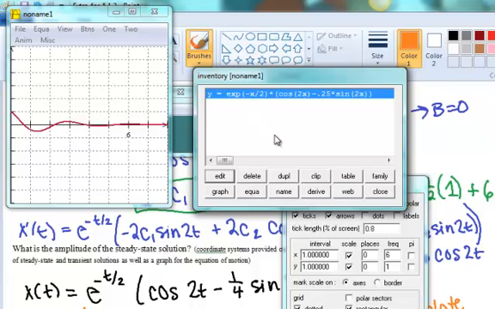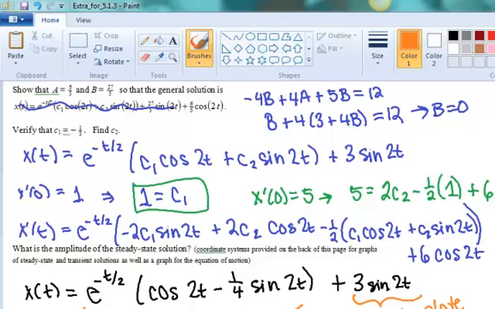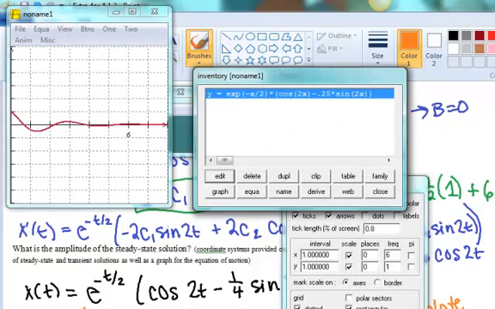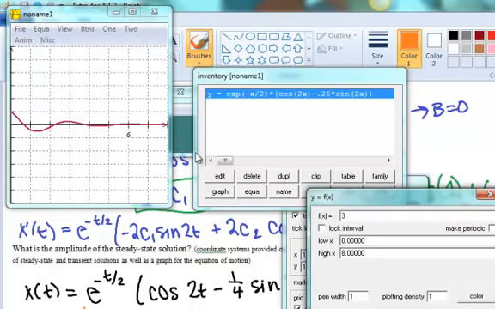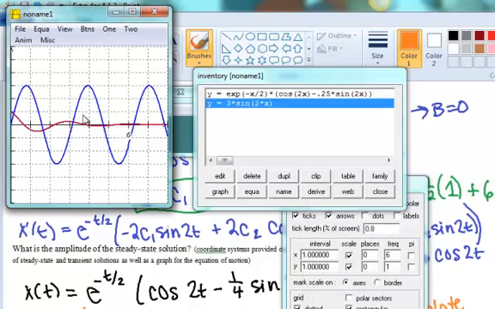Okay, and then the steady state solution was just 3 sine of 2t. I have to use x's though, 3 times sine of 2x. Okay, and so now we see the steady state solution, and then we want to graph the equation of motion.